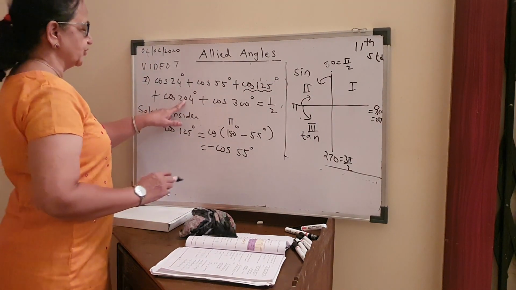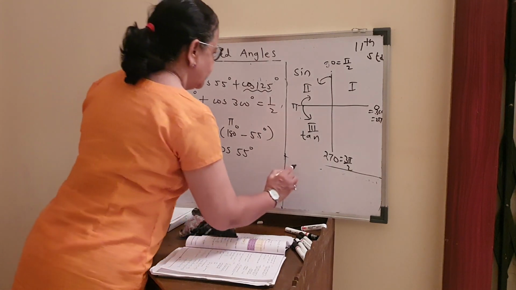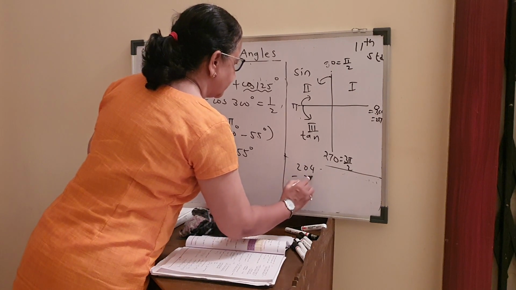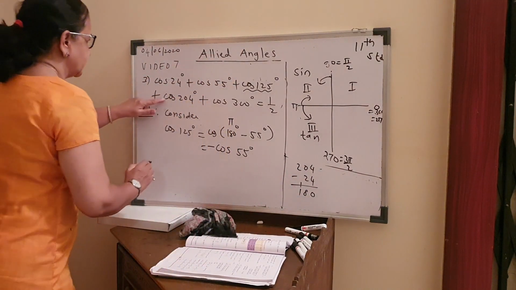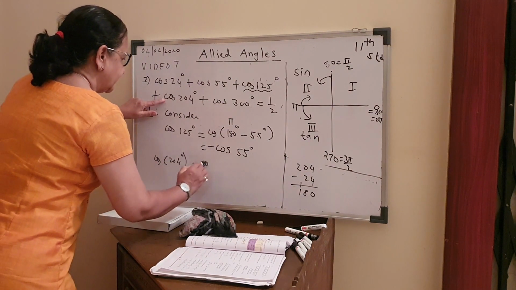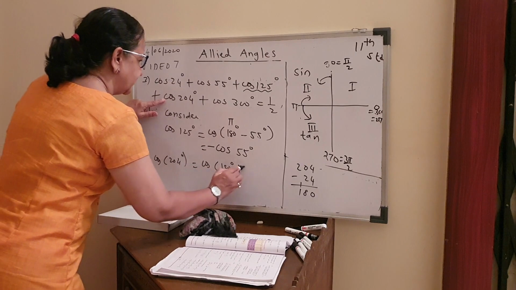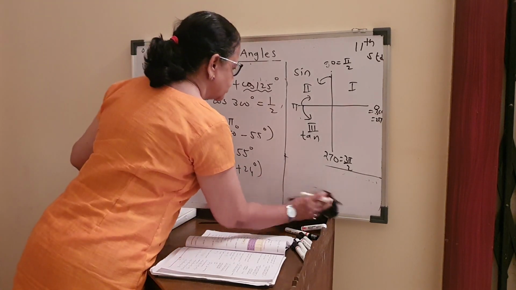Now 204. Do you see? Here 24. So 204 minus 24. See what you get? 180. Again pi. So consider cos of 204 degrees. I can write it as 180 degrees plus 24 degrees. Check. 180 plus 24 is 204.